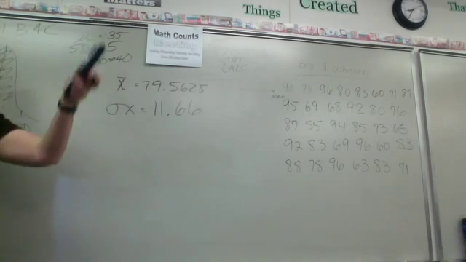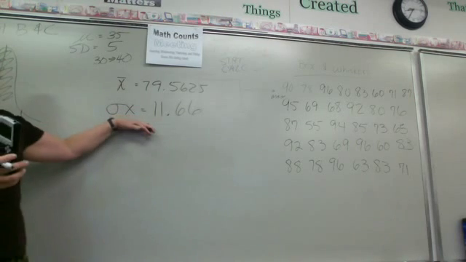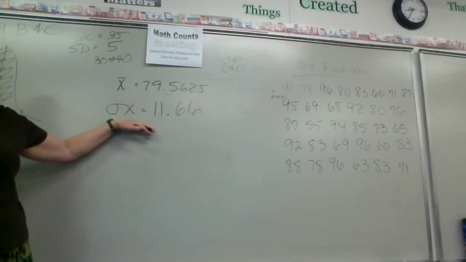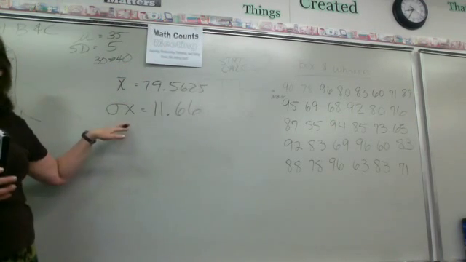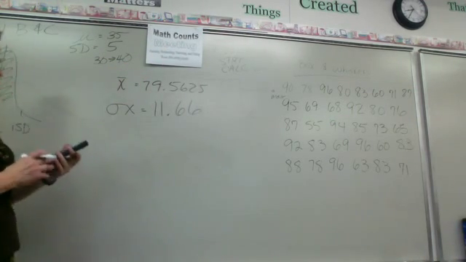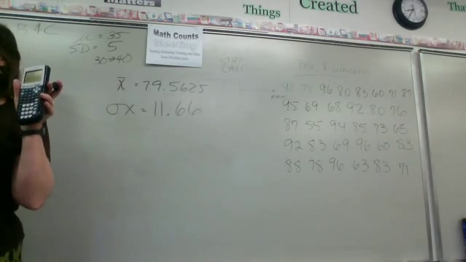If you were doing a bunch of data and trying to find the standard deviation, you could look right there. In this problem, we don't use standard deviation. We're doing a box and whiskers. We don't really need it, but I wanted to show you where it is.